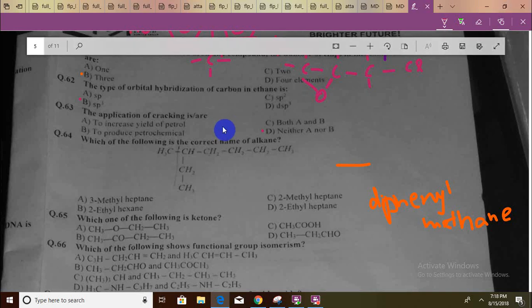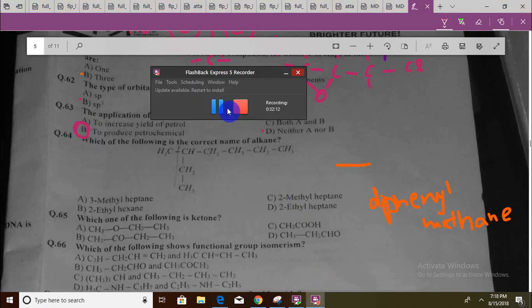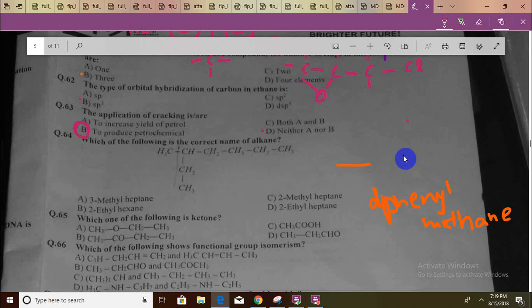So what would it be? To increase the yield of petroleum or to produce petrochemical? I think B is a good option. So while petrol is less of a used term, it's the same as gasoline, so the answer is both A and B. So I myself skipped this particular topic.